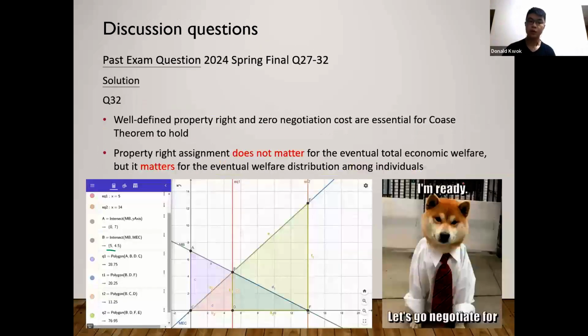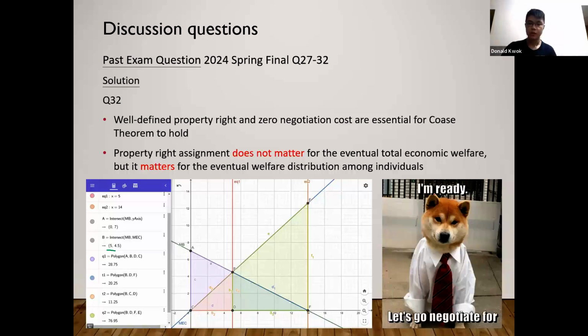Question 32 to conclude this problem, right? So we are going to determine what will matter in this case. Because we have both conditions of Coase's theorem, well-defined property rights and also zero negotiation costs, we know that efficiency must be attained. And as you can see, in questions 28 and 29 versus in questions 30 and 31, we have the same efficient outcome of listening to 5 hours of loud music.